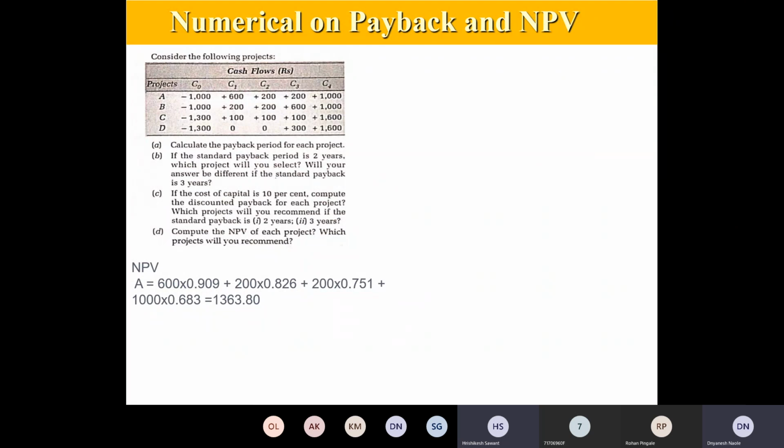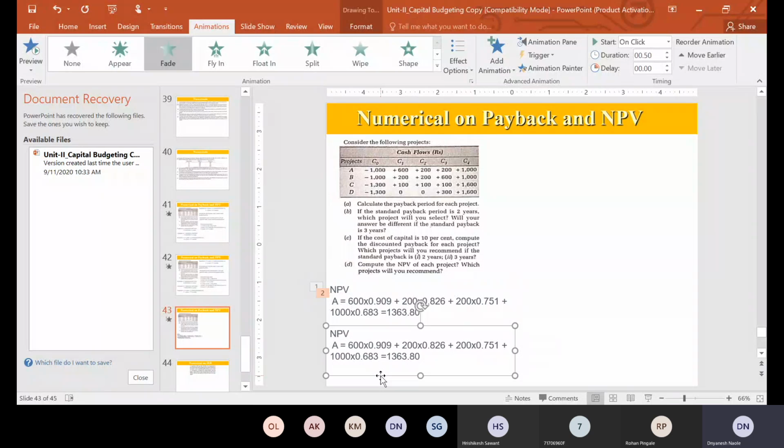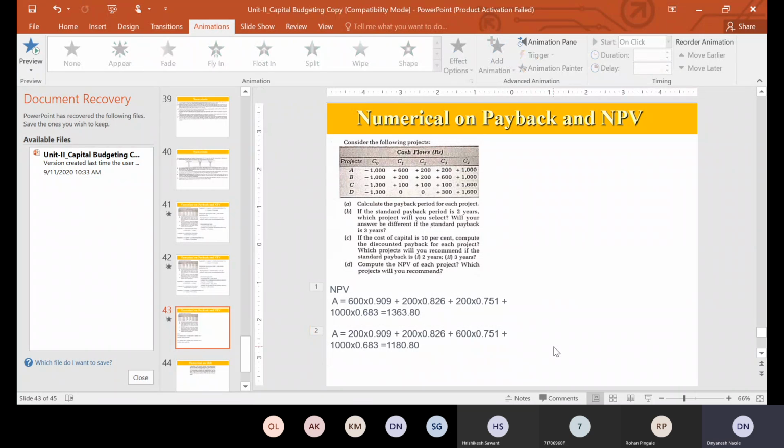We are making some mistake. 1180.2 आता है. Is this correct? 1180.80?